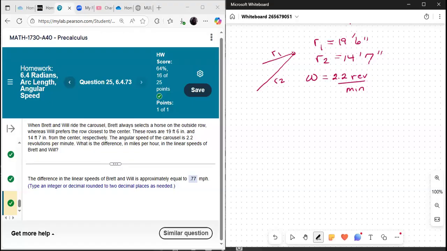So we need to know what distance is traveled in one revolution.